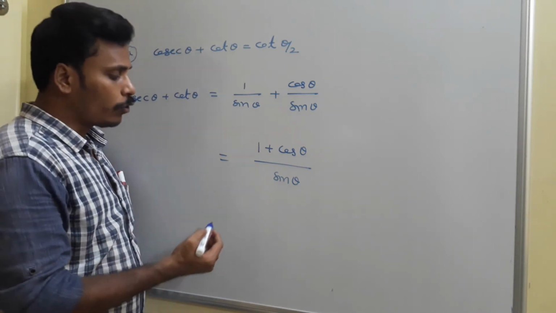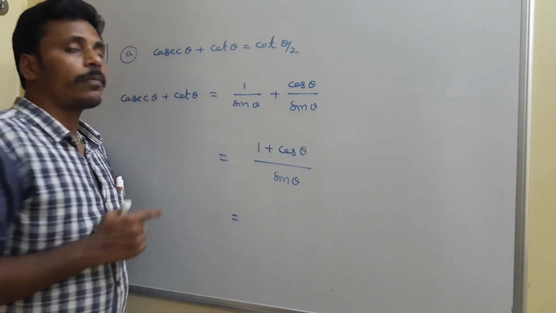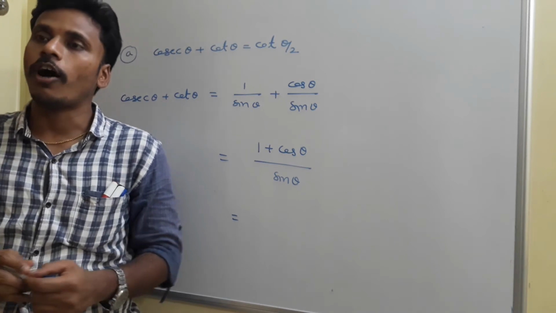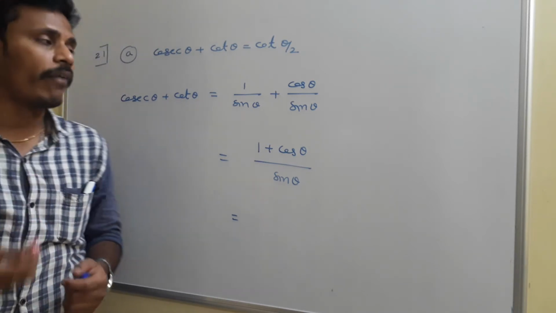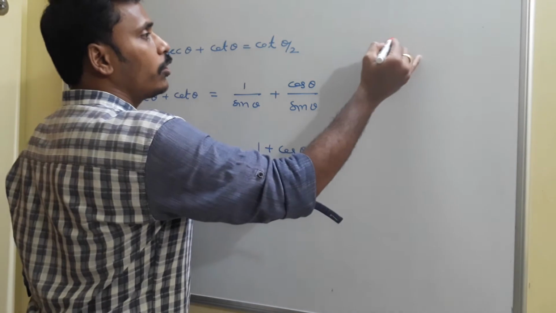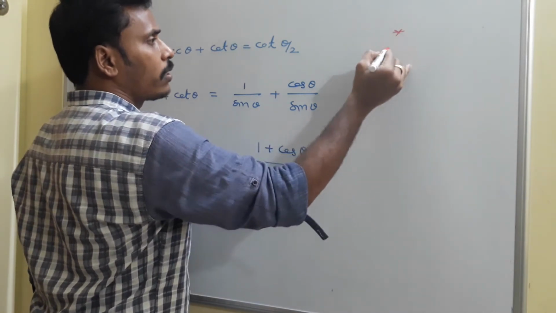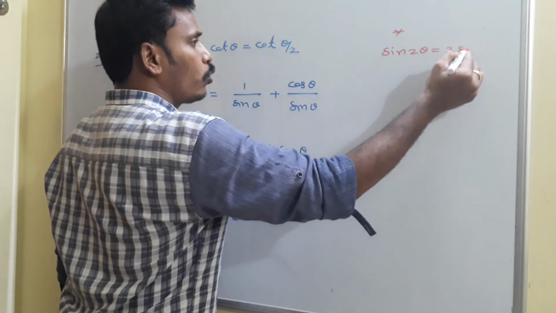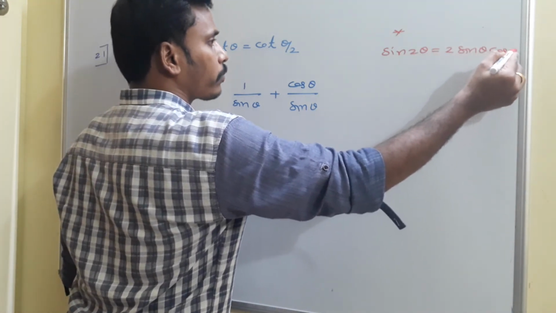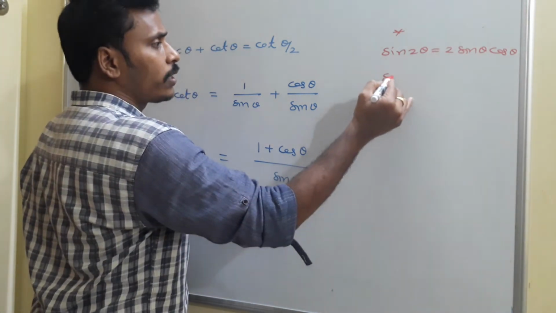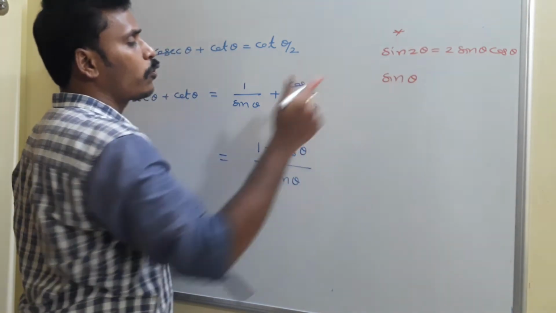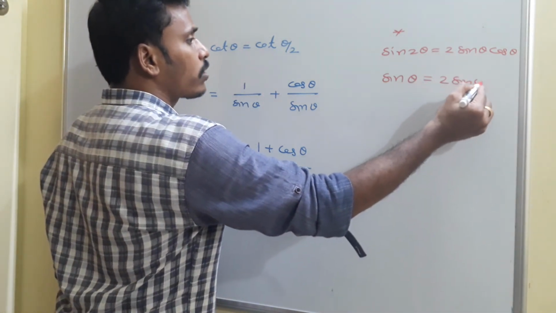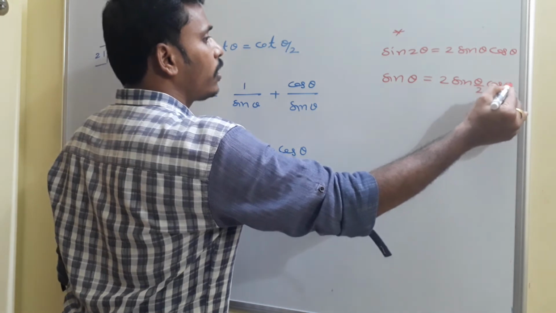And in the next step, you need to think about here. See, the problem is from theta to theta by 2. That is, an angle into its half angle. So you need to use half angle formulas. As I mentioned, we have different formulas and one of them is sin 2 theta equals 2 sin theta cos theta. And as I told you in the previous class, if in the place of 2 theta you have theta, then sin theta can be written as 2 sin theta by 2 cos theta by 2.